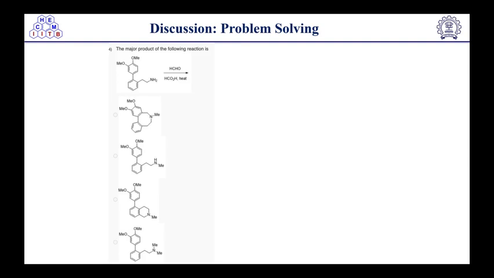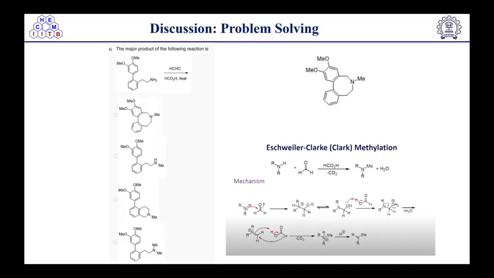Okay. The next one is: the major product of the following reaction is. So here we have the Eschweiler-Clarke methylation reaction, where we are always given ammonia, right? Amine. So it will attack on formaldehyde, which is given here. So the rest of the thing will remain as it is.